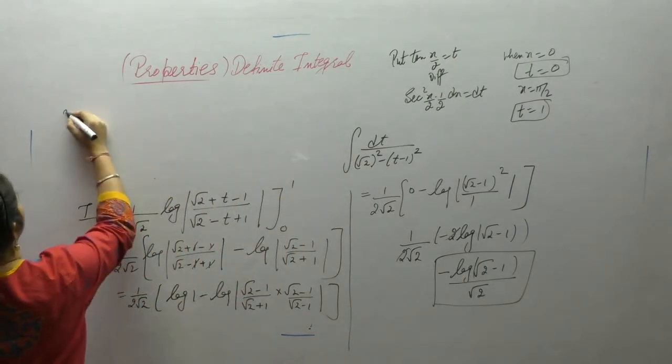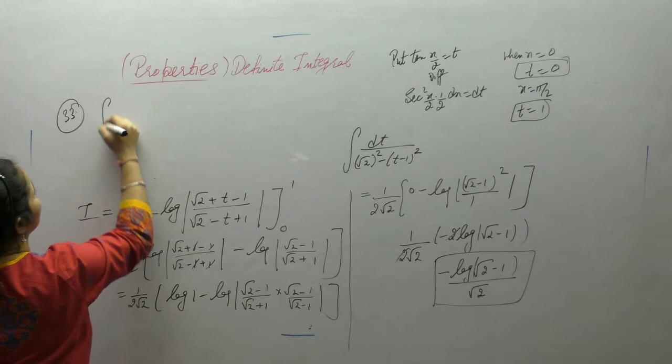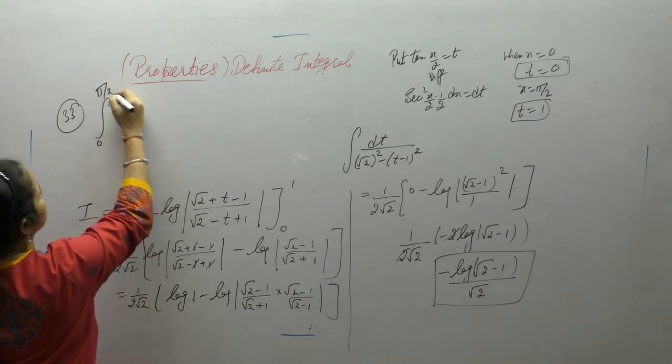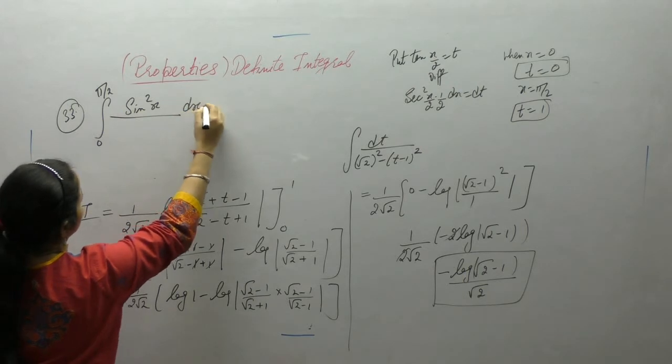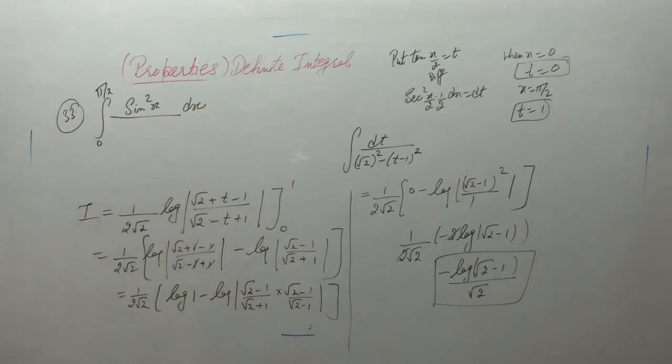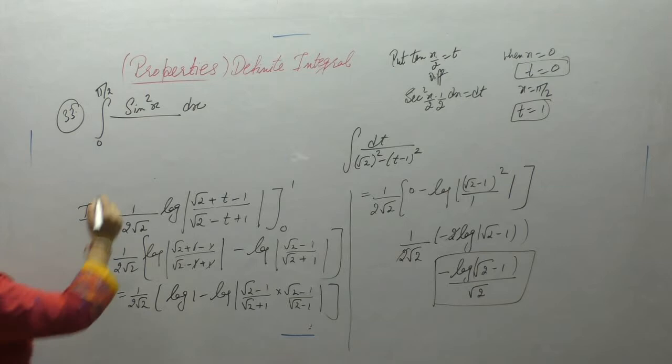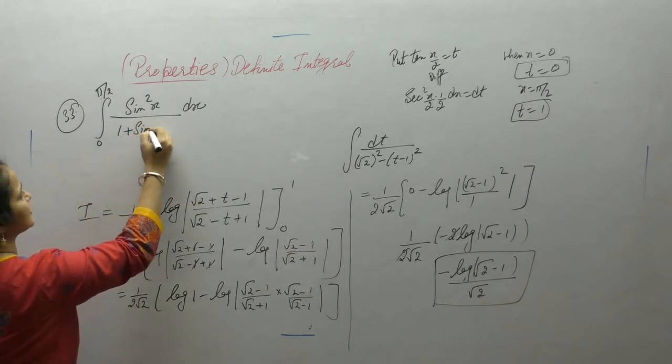Now the next one is the integral from 0 to pi by 2 of sin square x dx upon 1 plus sin x into cos x.